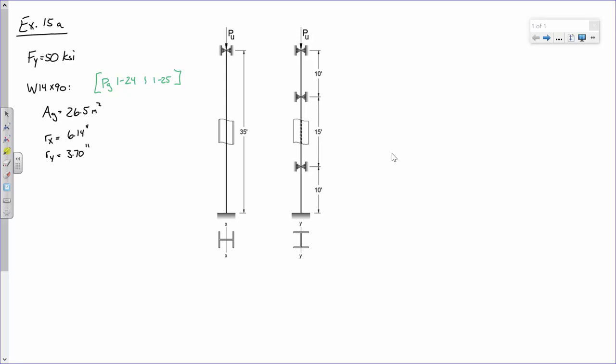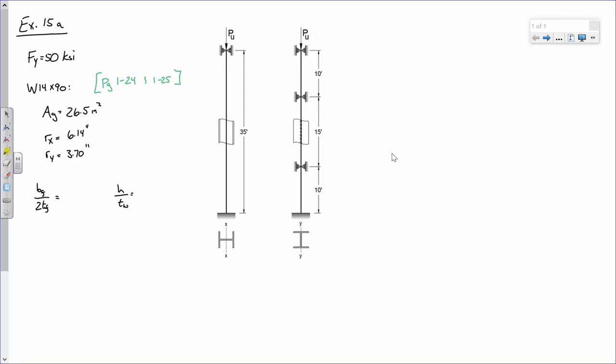Now we're going to need two more quantities, and those are the slenderness values. So we need bf over 2tf, and we need h over tw. Okay? Now, what are each of those values?